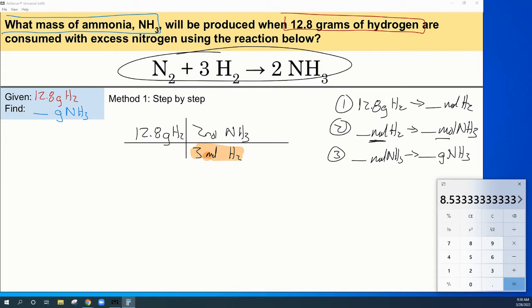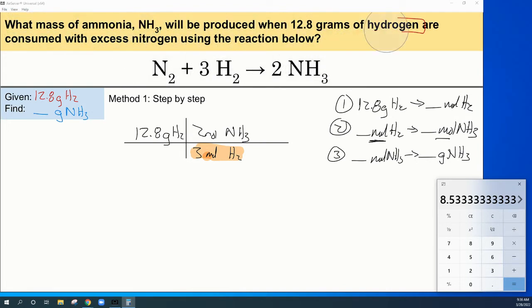So this becomes a 3-step question, which is no new work. It's just stepping it out. It's taking one step at a time.